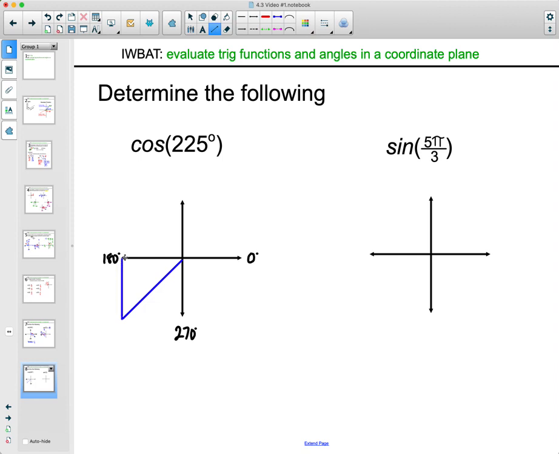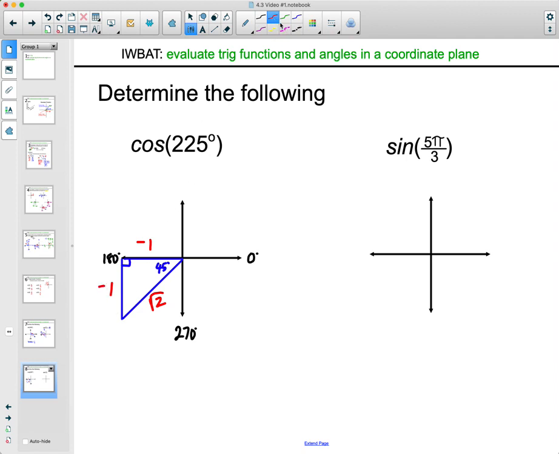So to get to that 225, we would need 45 degrees more. So this is a 45 degree angle. Then you can label the sides. So 1, 1 for the legs and a 45, 45, 90, and hypotenuse is square root 2. Again, label the negatives. So this is a negative x value and a negative y value.